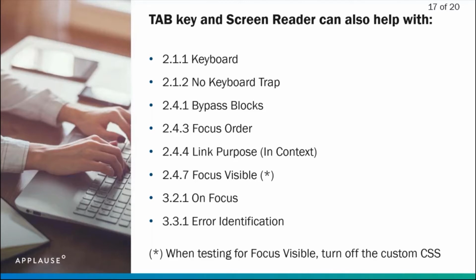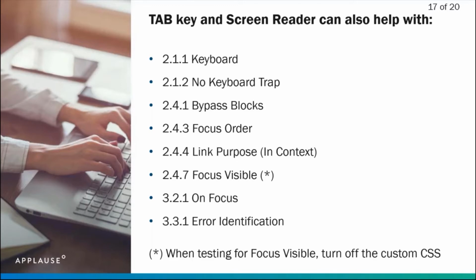You can check for the on focus success criteria, 3.2.1. When an element receives focus, does it cause a change of context? And also error identification, 3.3.1. Typically testing this with the tab key and the screen reader, so that if you try to submit a form with errors and the errors are displayed in text, which is fantastic, but now if you tab off of that form element and then tab back to it, do you hear that error message?